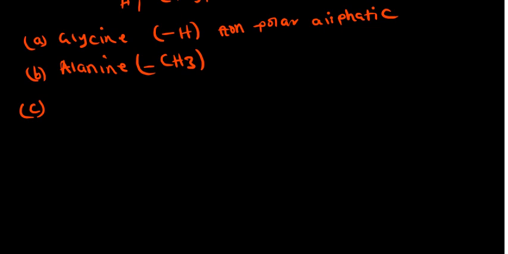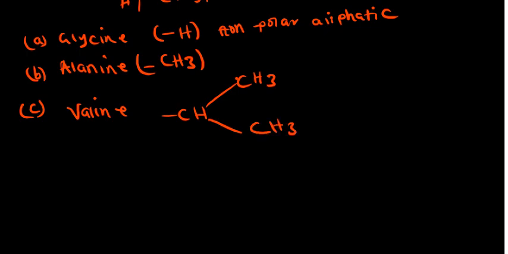So we also have, let's go to the third one, valine. The other group for valine is like this. We have CH attached to CH3 and another CH3. So this is also non-polar aliphatic. Then the other one we have is leucine.